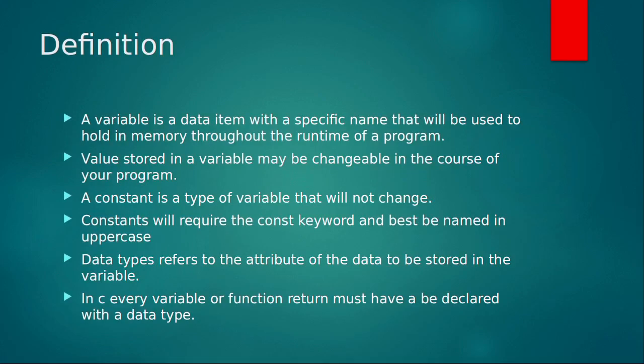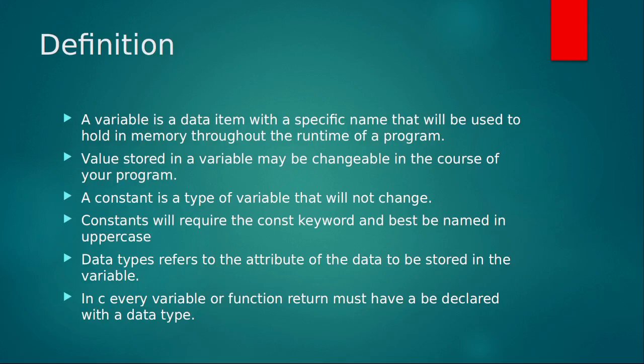So, what are variables? Variables are an integral part of any programming language. It's not just in C. You come across variables in Python, variables in JavaScript, and any language you want. Even in Bash scripting, there are variables.